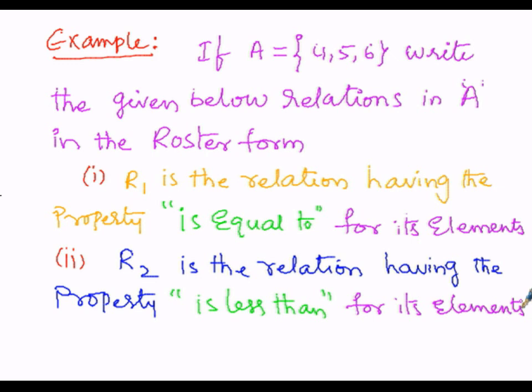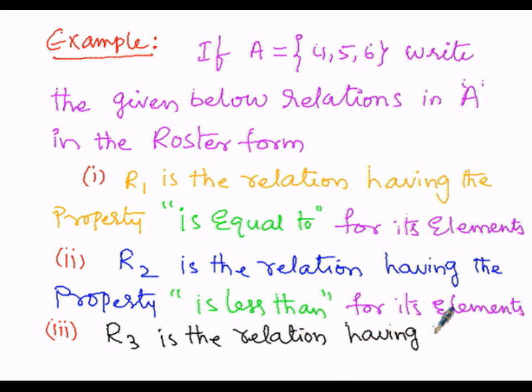And similarly, in the third case, we have to write all these elements in the roster form. So, here we are assuming the third relation as R3. So, R3 is the relation having the property, or having the formula, that is greater than.